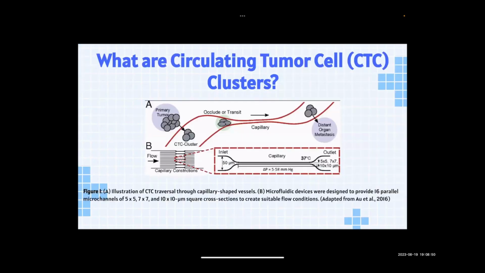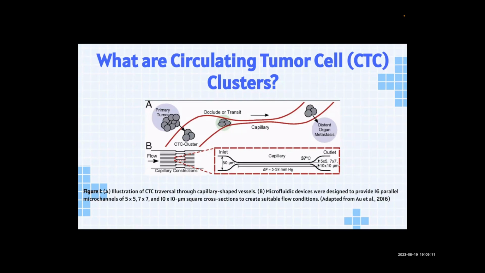So circulating tumor cell clusters, also known as CTC clusters, are multicellular malignant cancer cells that plant metastasis, or the spread of malignant tumor cells to distant organs. These clusters can sometimes contain up to 100 cells and are derived from either primary tumors or from the proliferation of singlets.